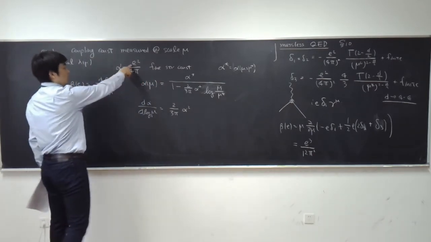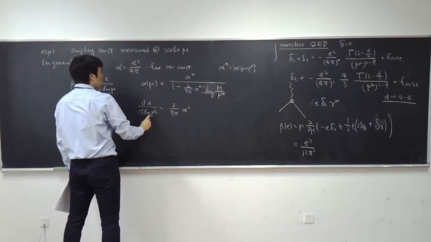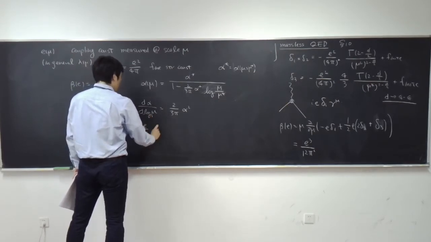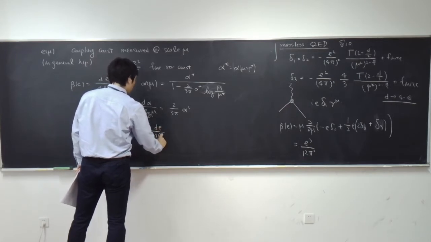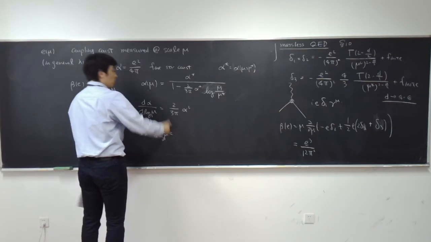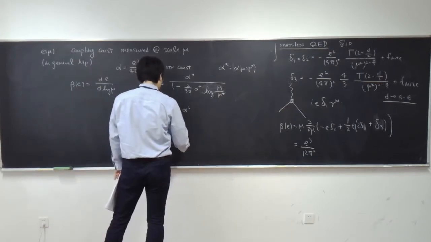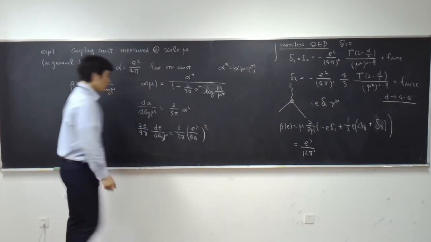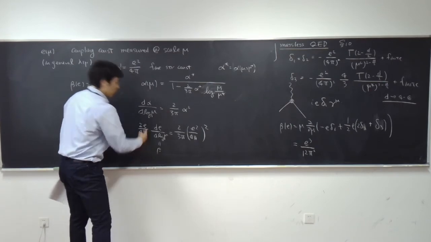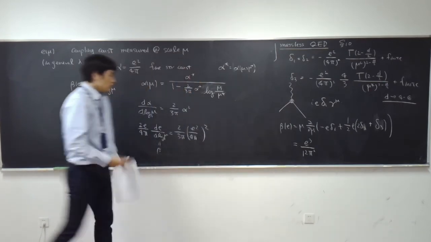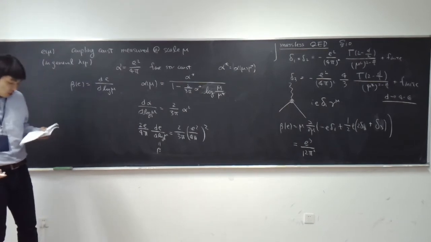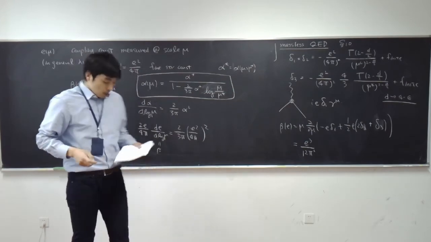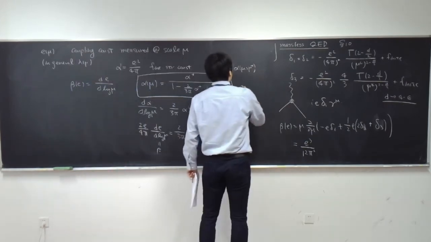Then you just plug back into here: alpha is e squared over 4 pi, so d e d log mu, and you apply the same thing to 2 over 3 pi times e squared over 4 pi squared, and this is of course the beta function. If you cancel that one, you get this one. That you can easily check. Okay. So that's the dependence of the fine structure constant on the scale mu at one loop level.